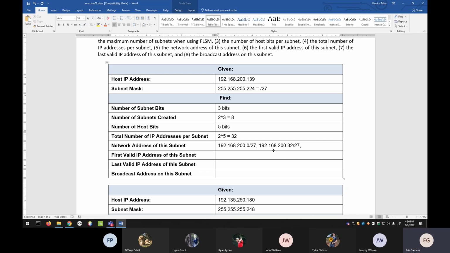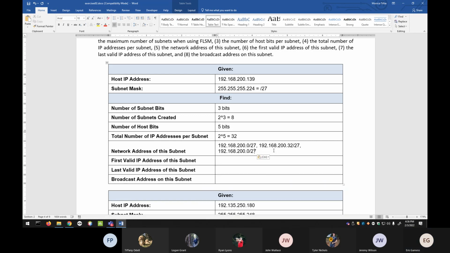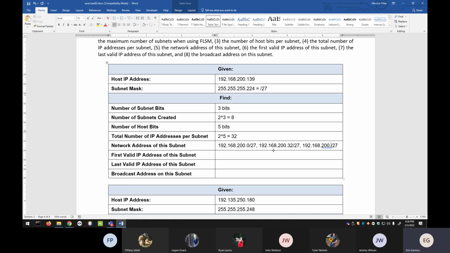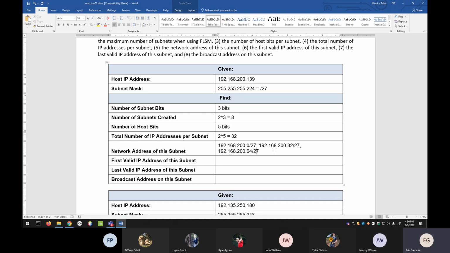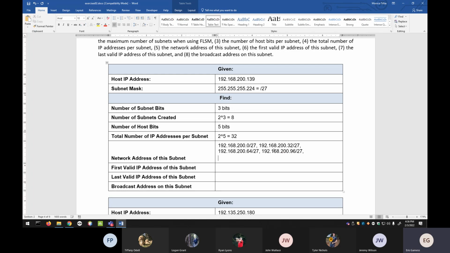Another possible subnet? 32 plus 32 is 64. Another one? 64 plus 32 will be 96. Another one? 96 plus 32, 128.